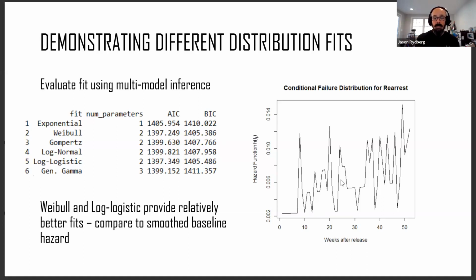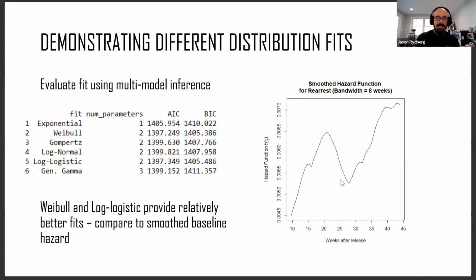When we look at this smooth hazard, we can see that, as it smooths out right here, it does appear to have a bend in it at one point, but it is generally increasing over time. This could be why both the Weibull and the log logistic appear to be good fits to the data. So I'm going to go again with the more parsimonious one and use the Weibull distribution.